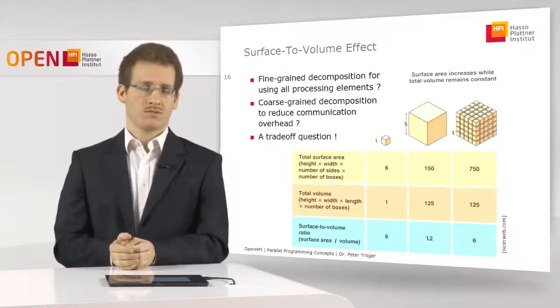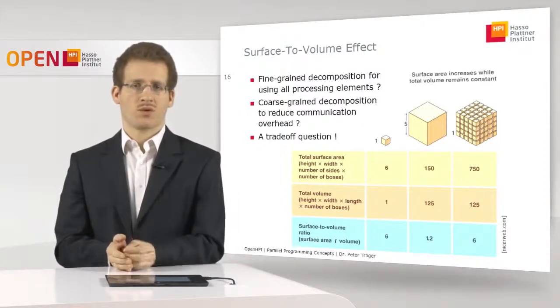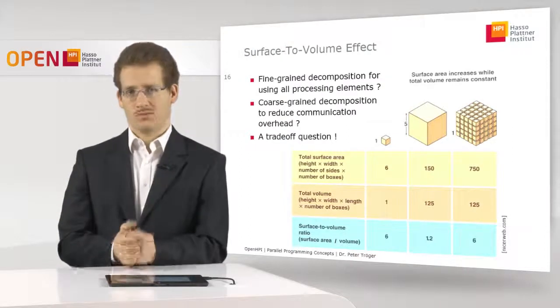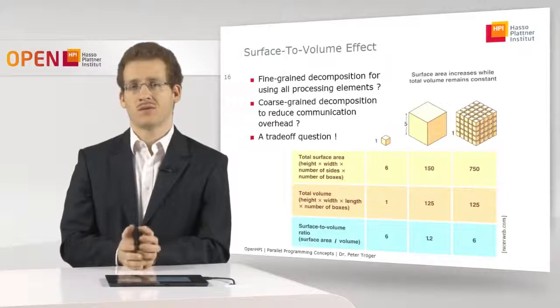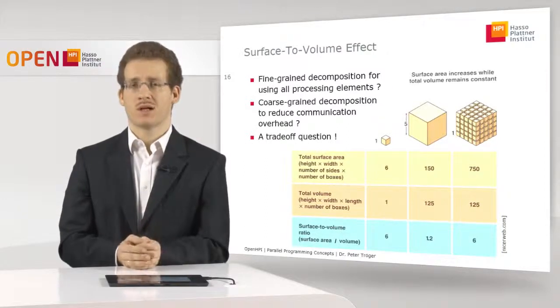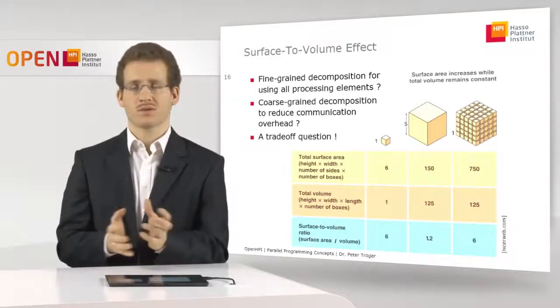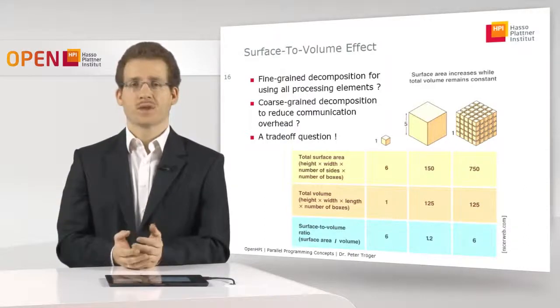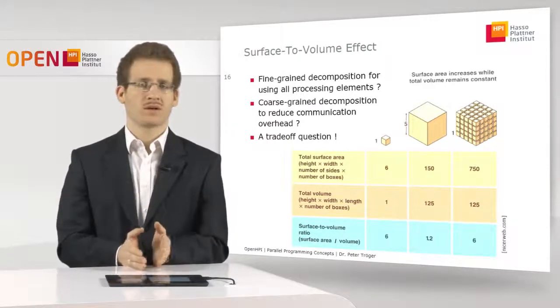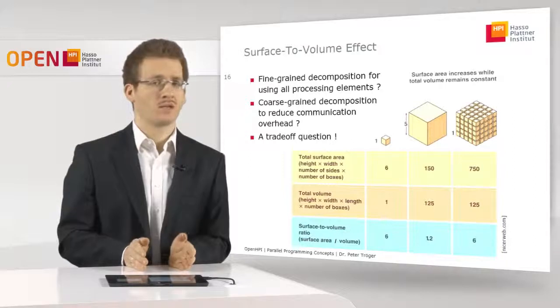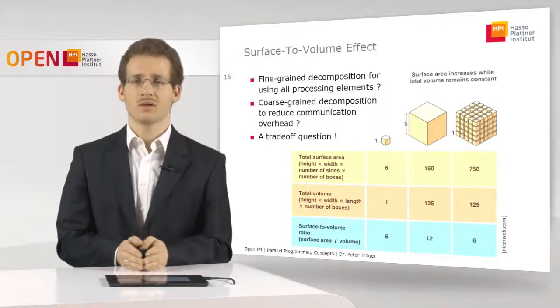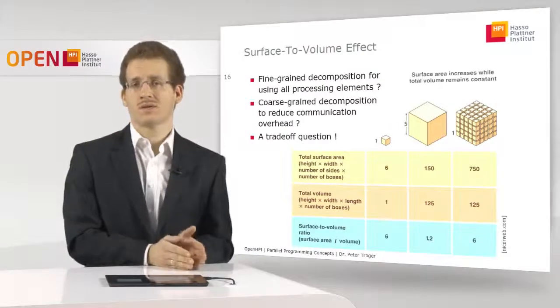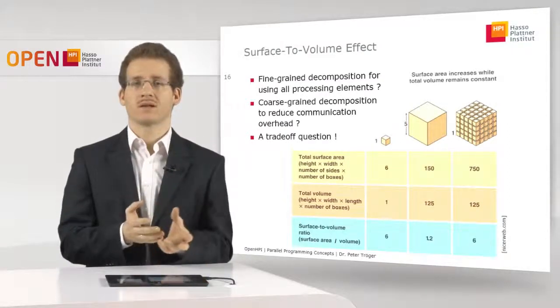If you just make your granularity more coarse and you have not very huge tasks, then you may end up in a situation that you don't use all the available processing elements, all the available machines or processors or cores. So the point is, a coarse granularity is good to avoid communication overhead, but there's a limit in this. And for each and every application and the according execution environment, you have to find the right balance.